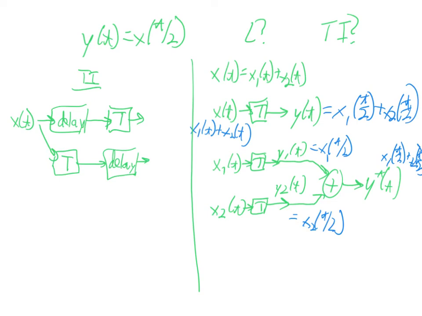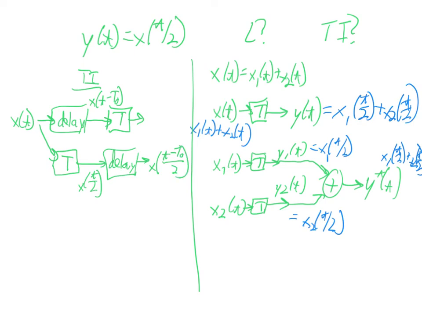So x of t delayed will be x of t minus the delay. x of t through the system, following the definition, is going to be x of t divided by 2. And then I apply a delay to that. The rule for delay is you replace all the t's with t minus the amount of the delay.